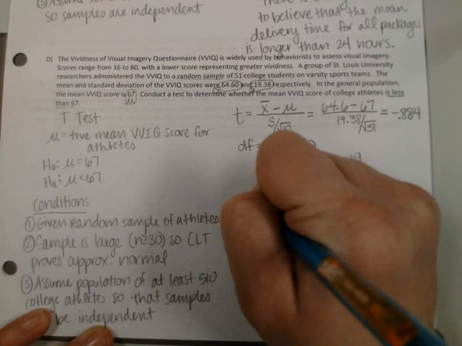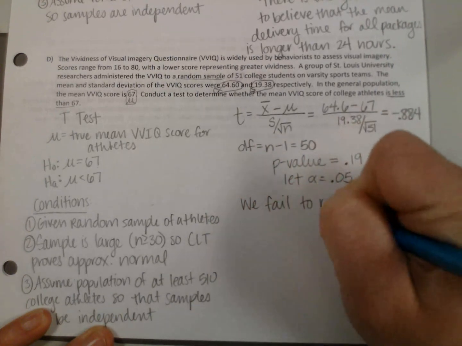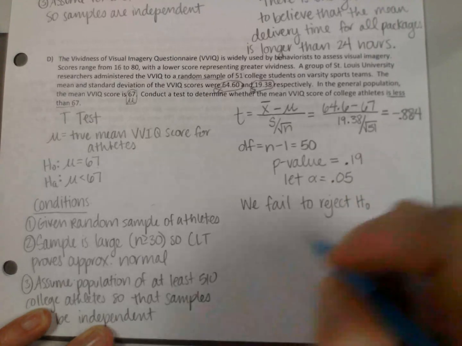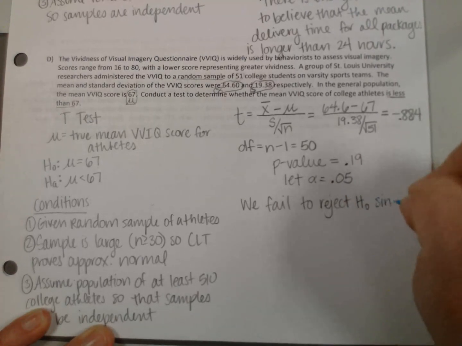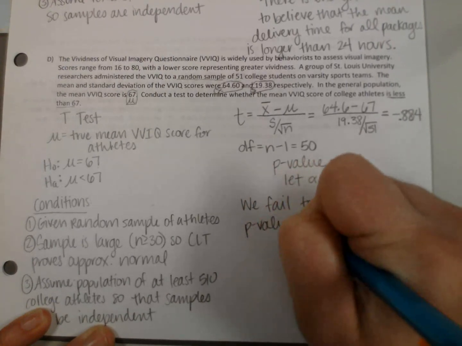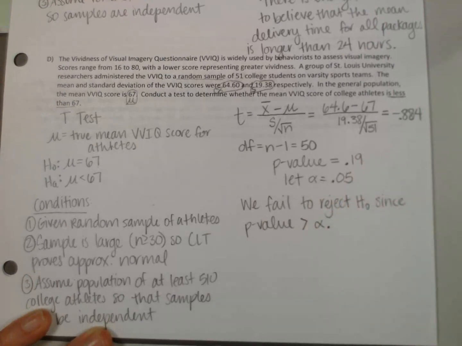Okay, so that's going to say we fail to reject the null hypothesis since our probability value was greater than our significance level. We did not find very convincing evidence.